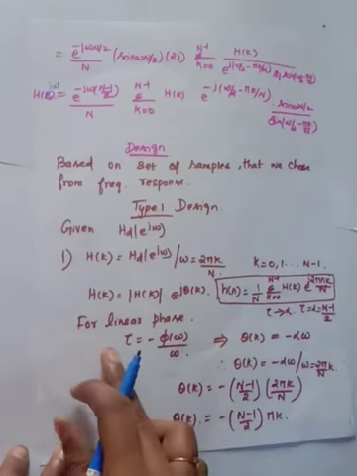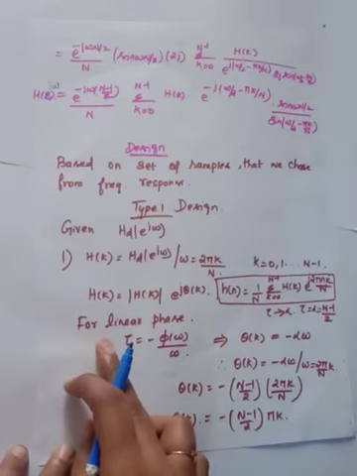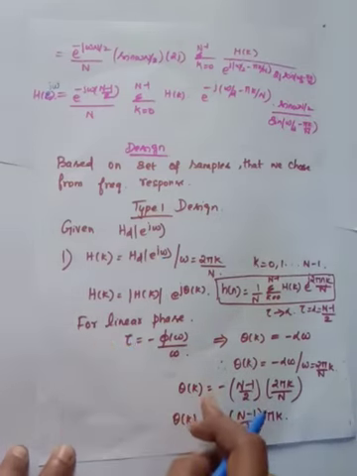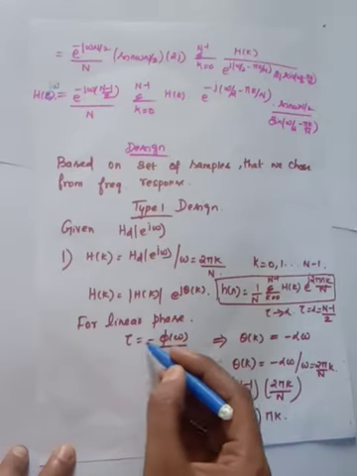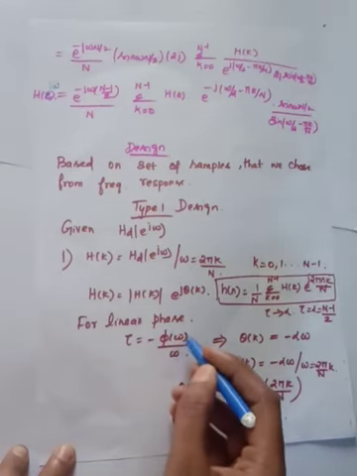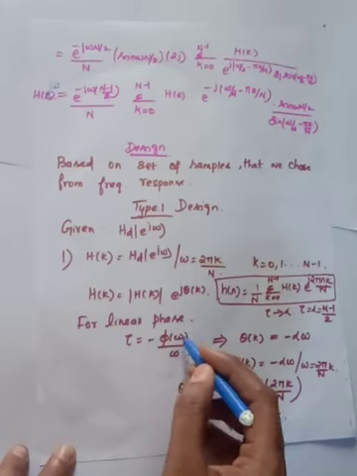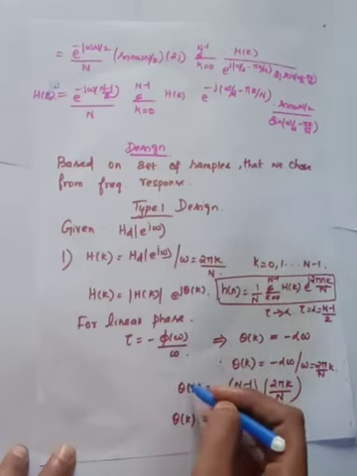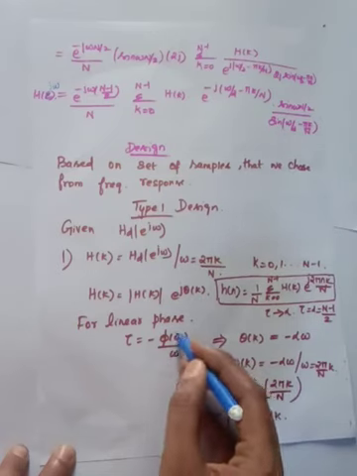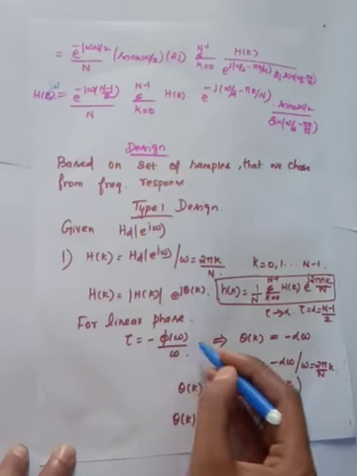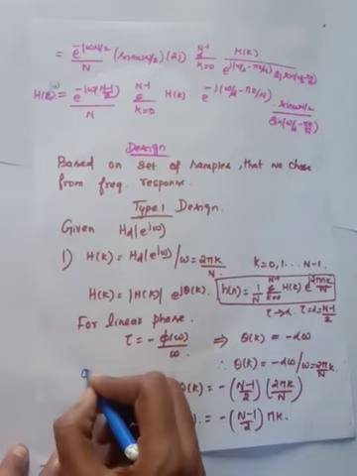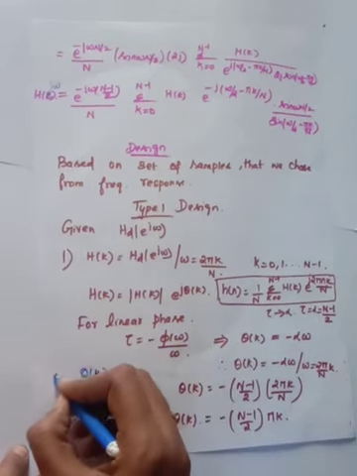Now here we know that FIR filters are linear phase filters. From this, tau is equal to minus phi of omega by omega. This phi of omega is nothing but your angle, so I am going to find the angle from this, where theta of k is phi of omega.